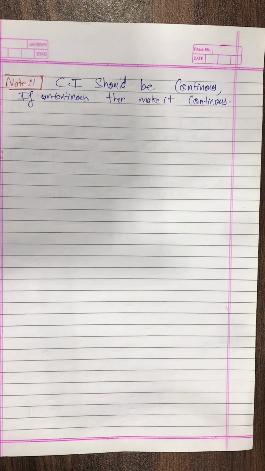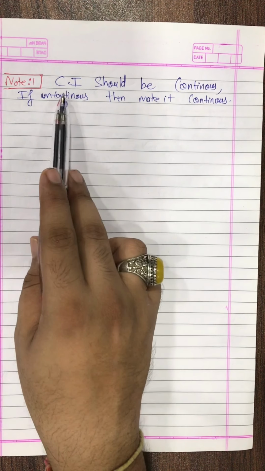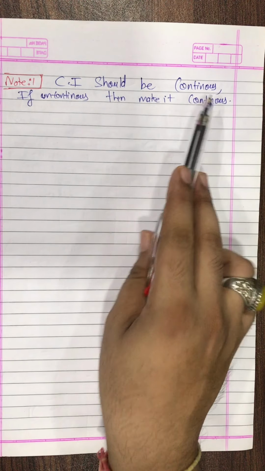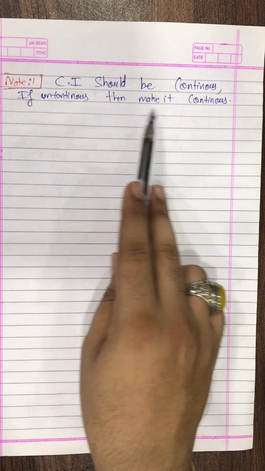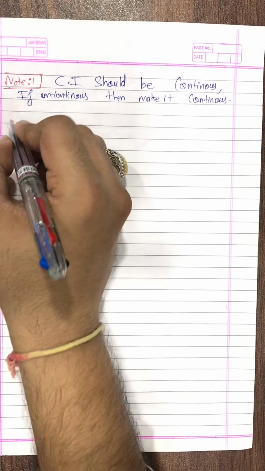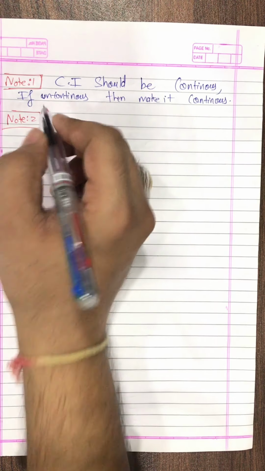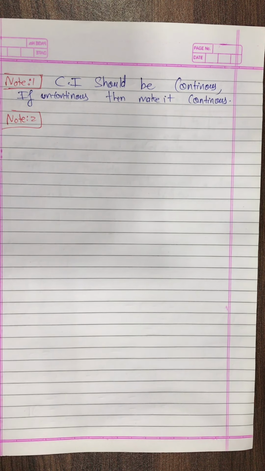Okay students, note number 1, which we already discussed. Class interval CI should be continuous to find median of group data. If uncontinuous class intervals are given, then make them continuous. How? With the help of adjustment factor. This is note 1. Now note 2. In note 2, I'll help you out with the table.